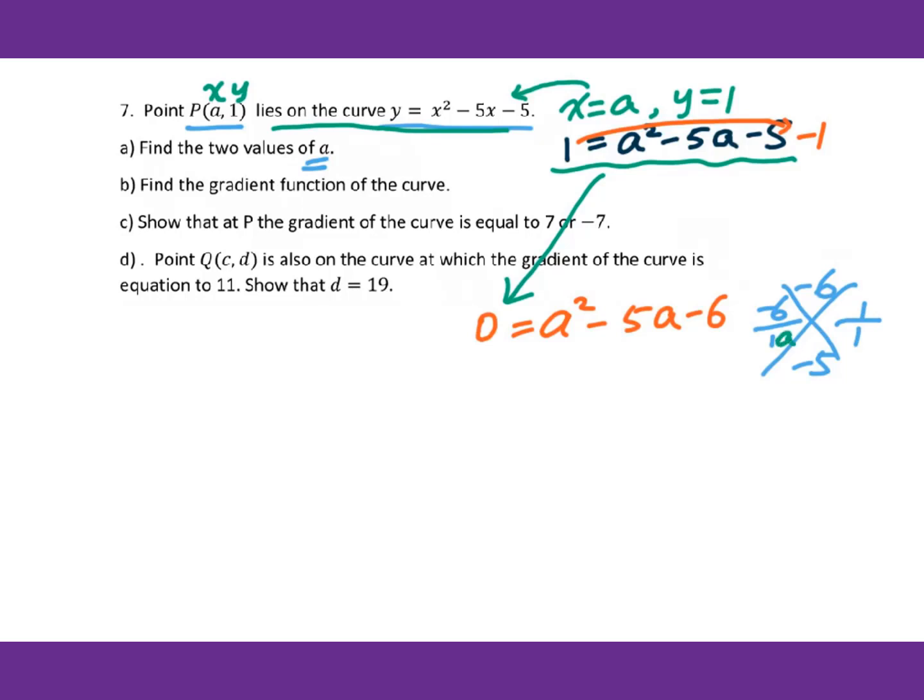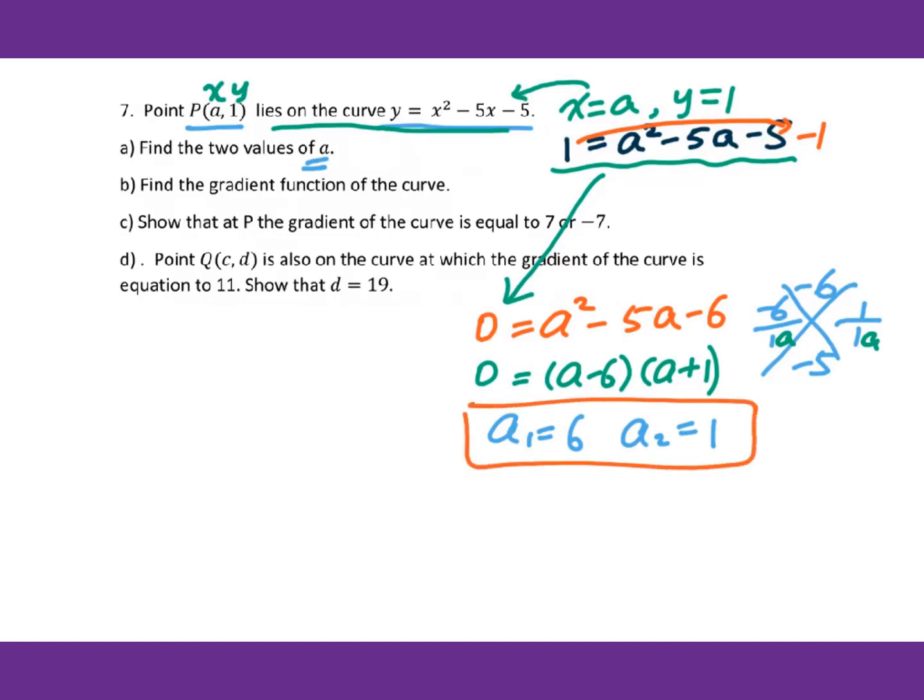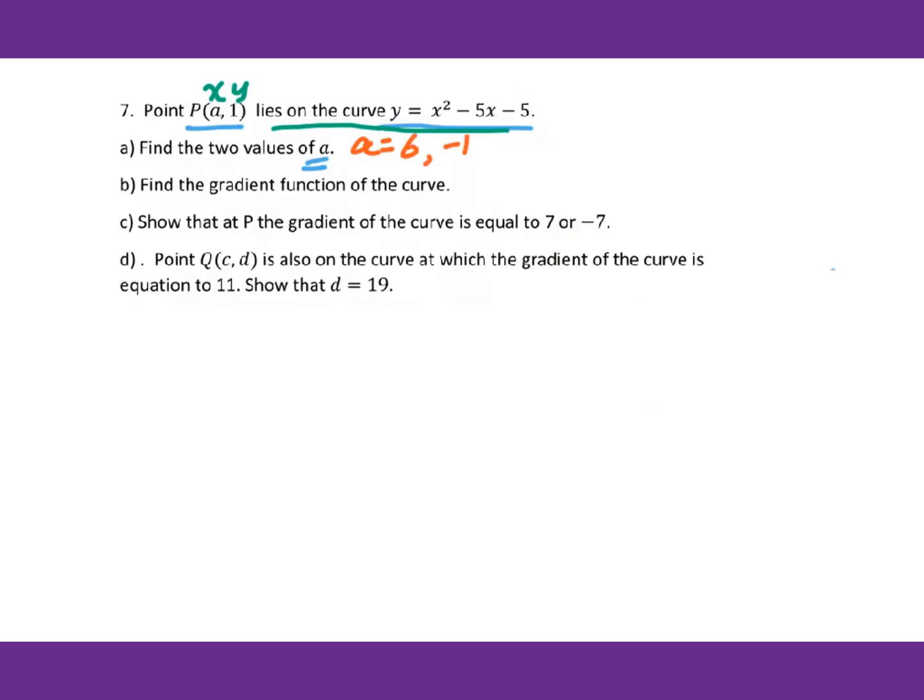So we put the A. Therefore, 0 equals A minus 6 times A plus 1. You get A1 equals 6, A2 equals negative 1. This will be the solution for A. So we write down A equals 6 and negative 1.